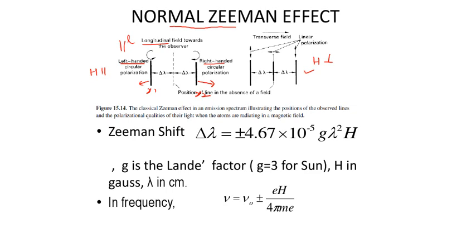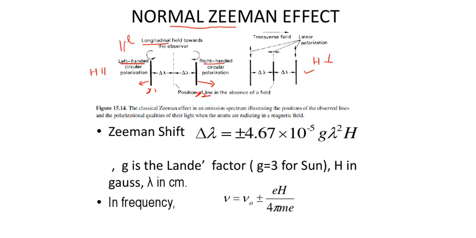And in the case of splitting into three lines, it is found that all the three lines are linearly polarized. All the three component lines are linearly polarized. Remember always that the original line was unpolarized.